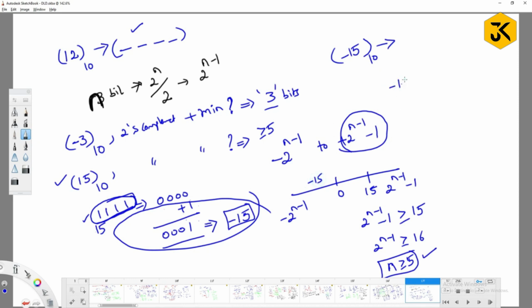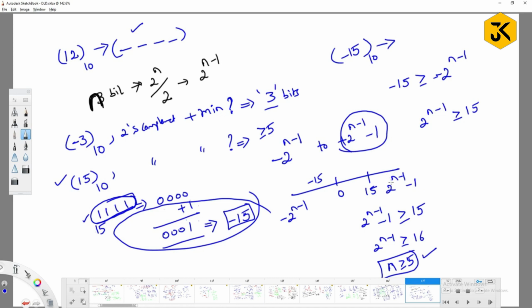Minus 15 is greater than or equal to minus 2 power n minus 1, so 2 power n minus 1 should be greater than or equal to 15. Is it okay? Now try to check. 2 power 4 is 16, right?